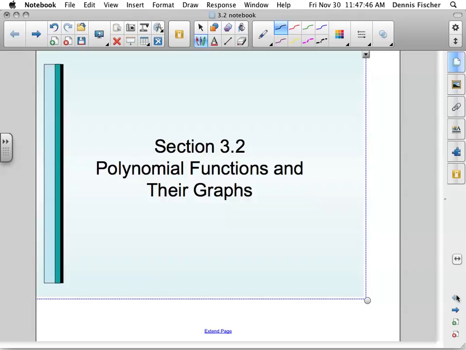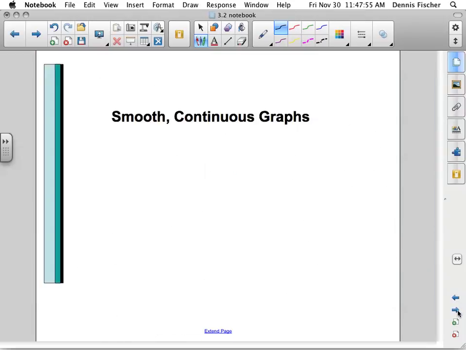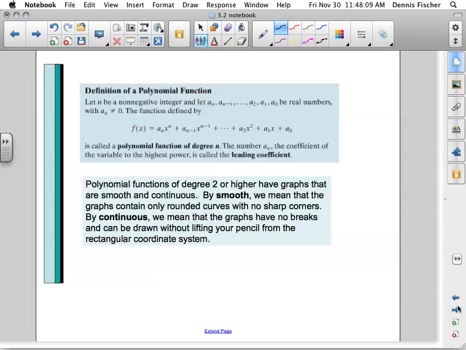Only a joke of the day right now. Joke of the day. Polynomial functions and their graphs. I'm going to jump ahead. Smooth, continuous function. We got a lot of rules we're going to talk about. Do you want to understand? Were you there for the test today?